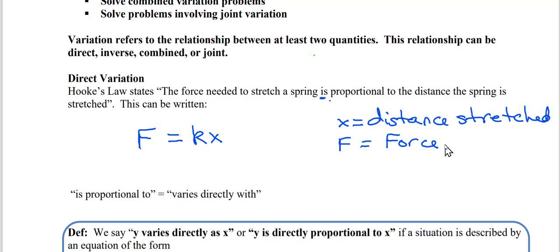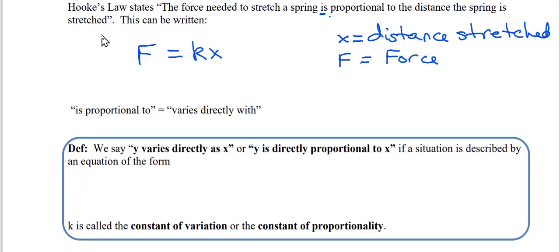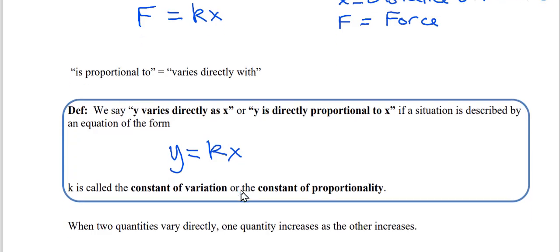And so the force needed to push that open is going to have some constant multiple, that's what this k is, of how far you need to push it, the x. Instead of "is proportional to," sometimes mathematically we'll say "varies directly with." That's the direct variation. In general, we say y varies directly as, or y is directly proportional to x if y = kx, where k is that proportionality constant.